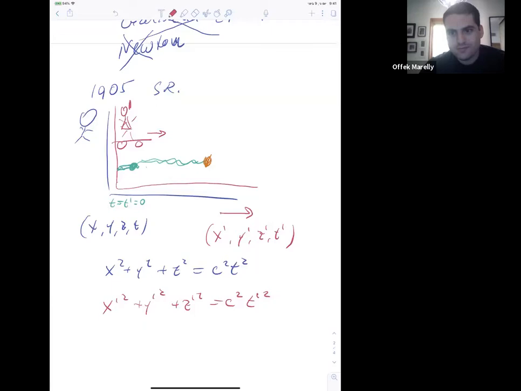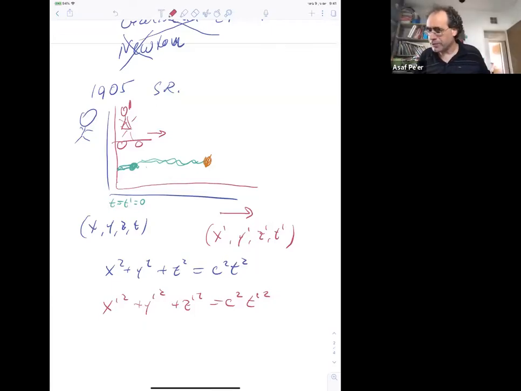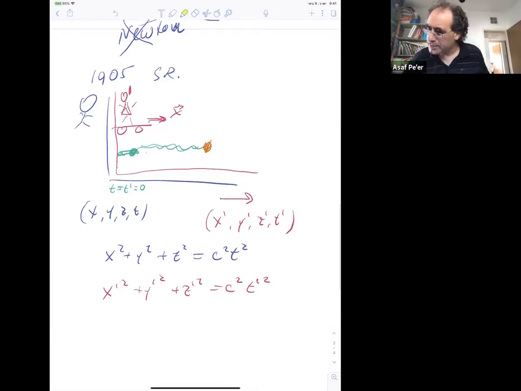Nobody's wrong. Now, again, we assume without loss of generality that the observer O prime is moving with respect to observer O in the x direction. So this is the x direction. In that case, x prime is different than x, but of course y prime is equal to y, z prime is equal to z.